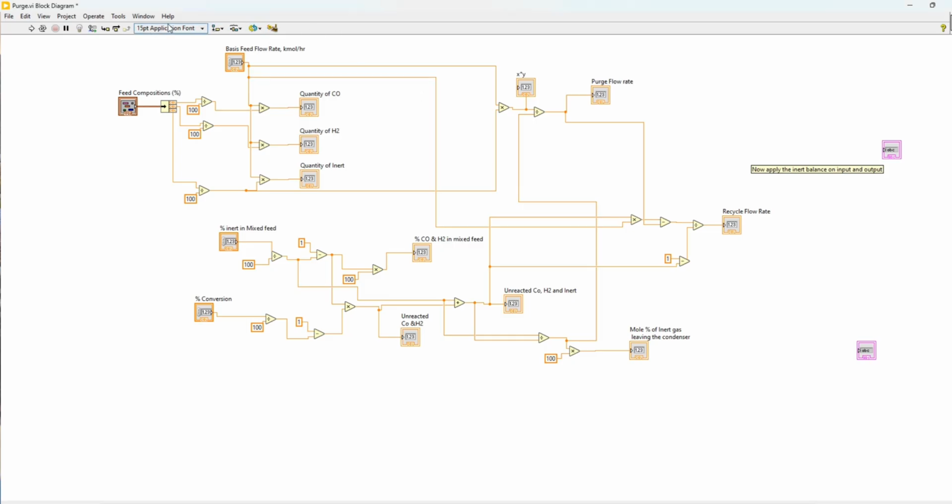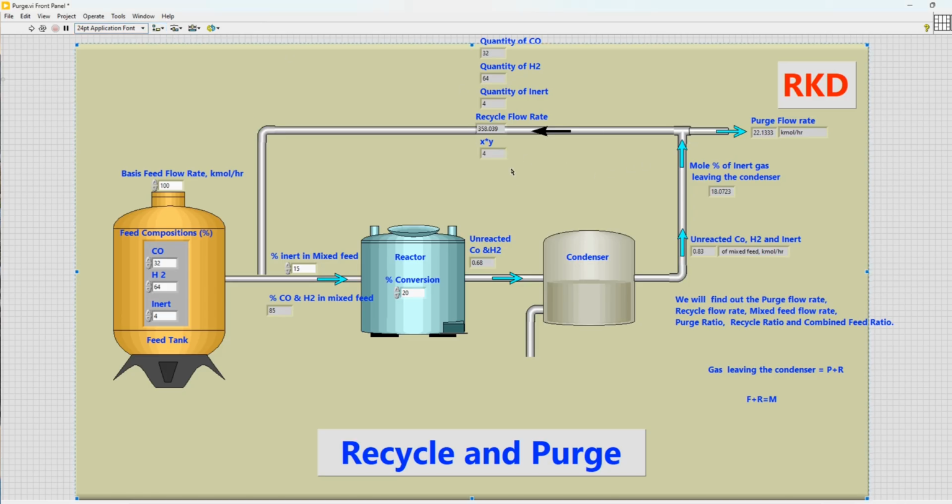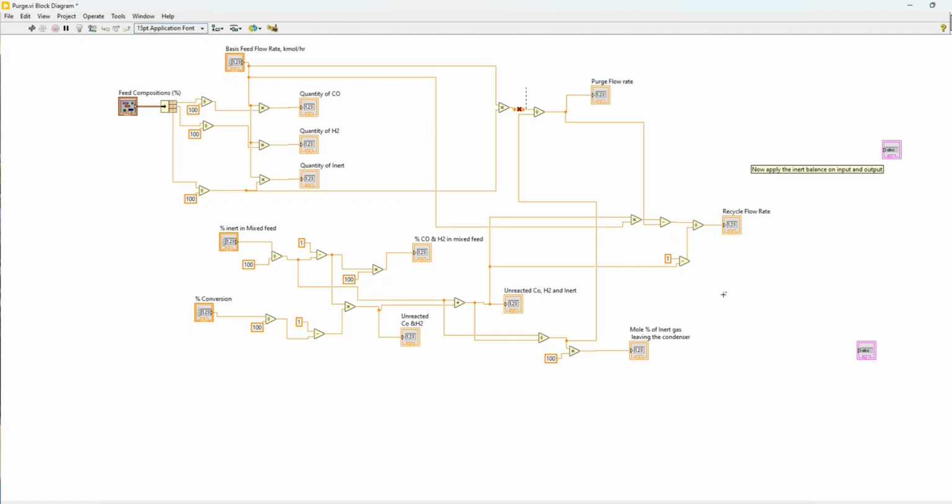Yes. So from here we can see again. I'll just remove this part. So this is your recycling flow rate. So I'll just put it here. Okay, so that means now we have this P R. So now we have to calculate your mixed flow rate.